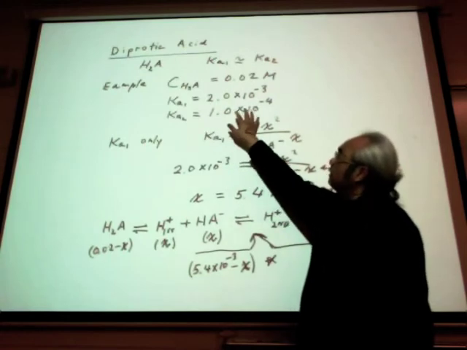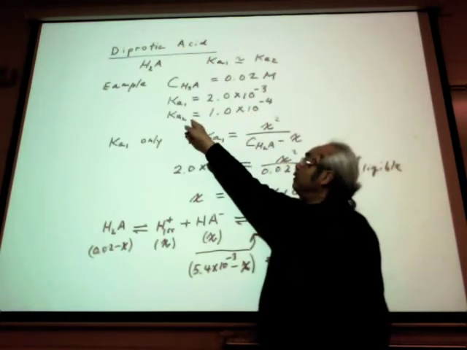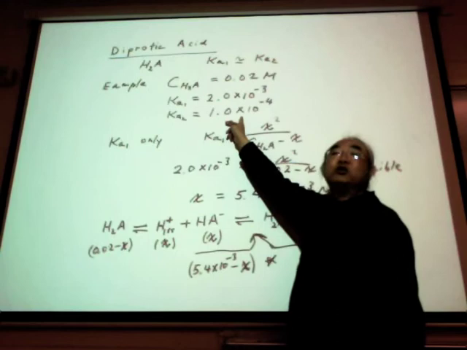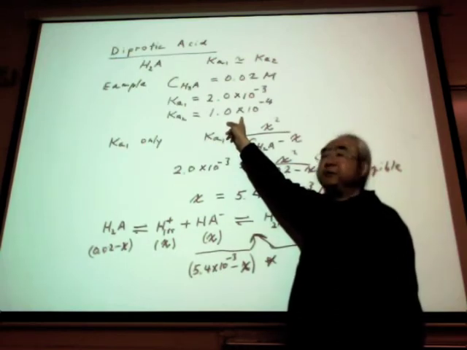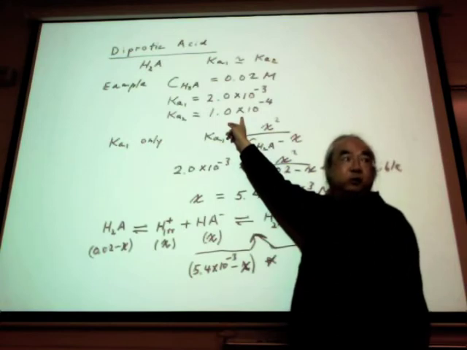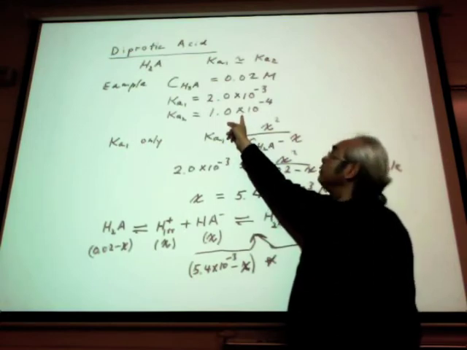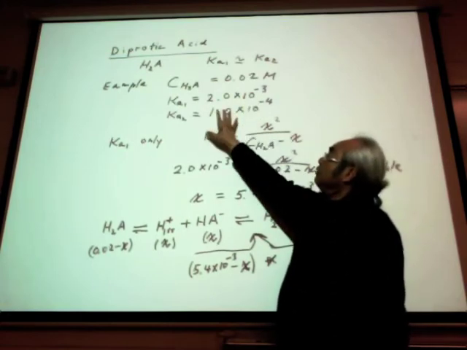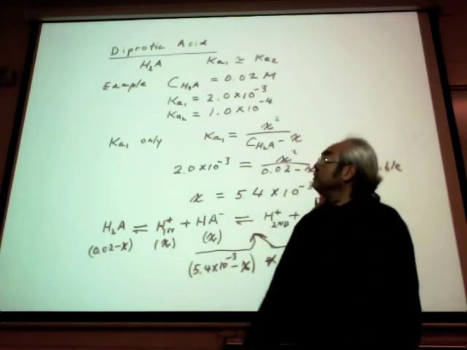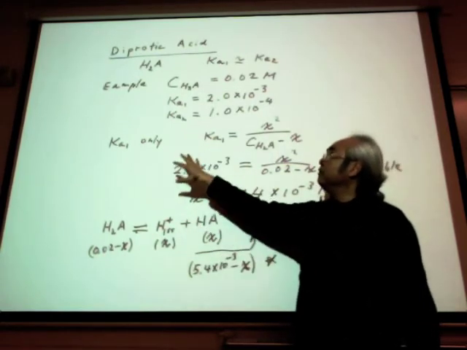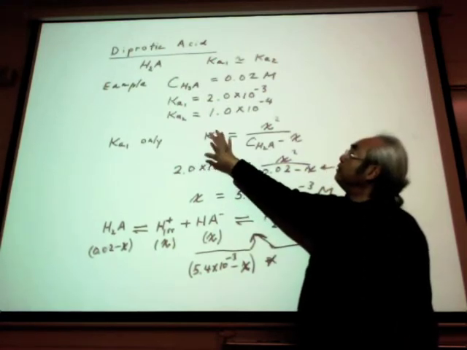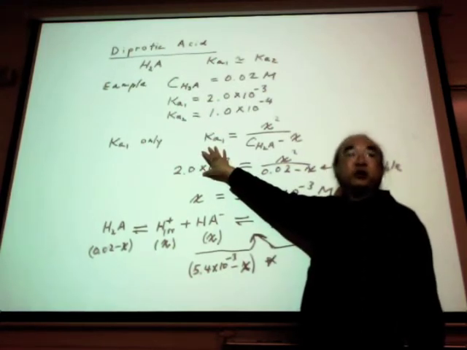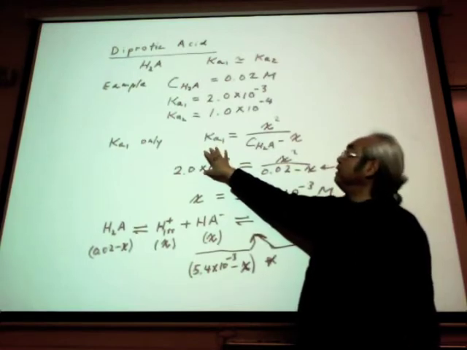The point here is we want to look at whether Ka2 will contribute to the total proton, because pH is based on the total proton concentration. If we assume Ka1 only, remember previously we assumed polyprotic acid as monoprotic and used Ka1 only to calculate the pH.